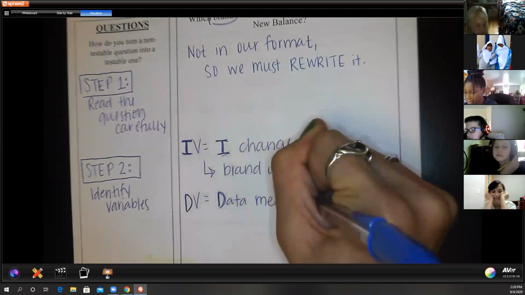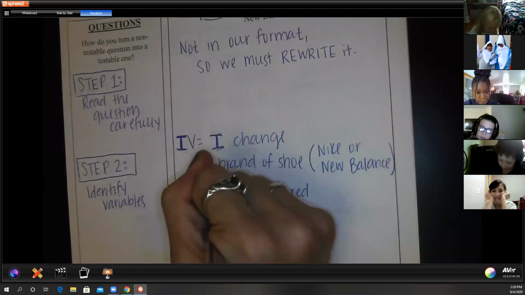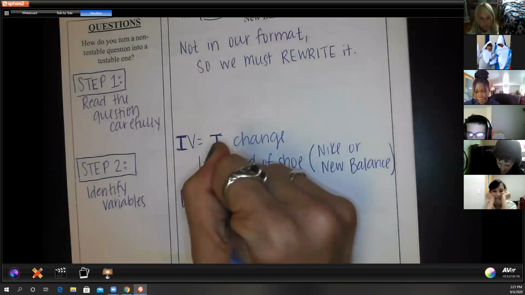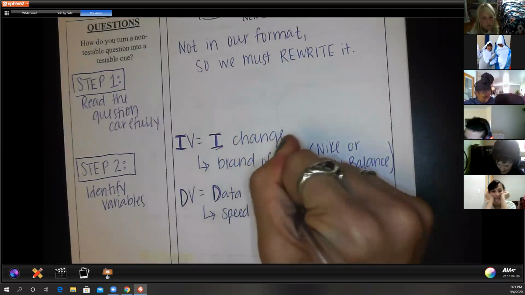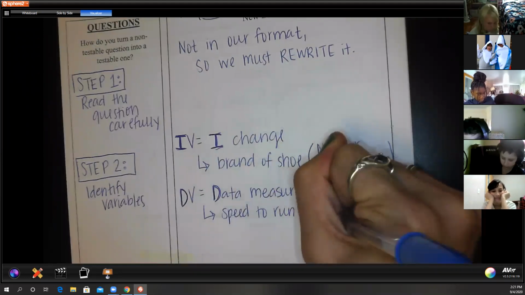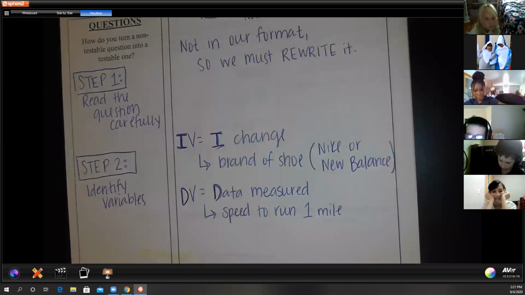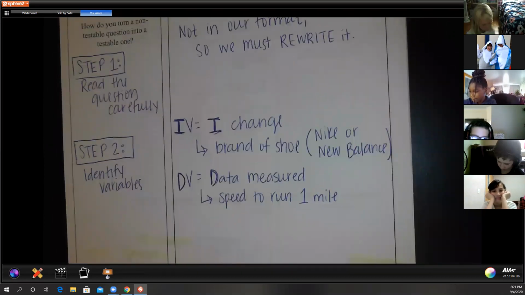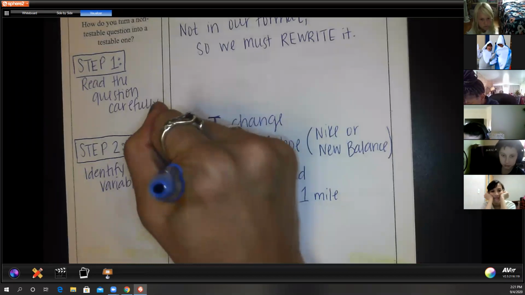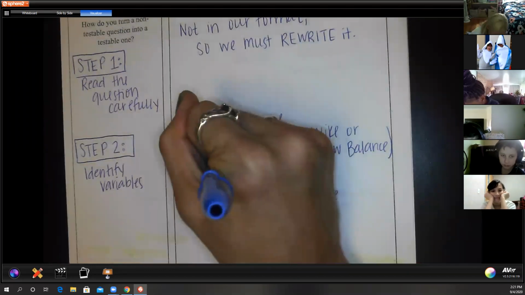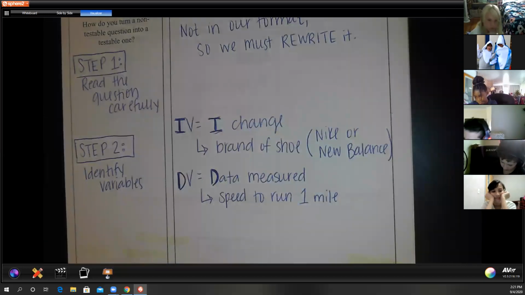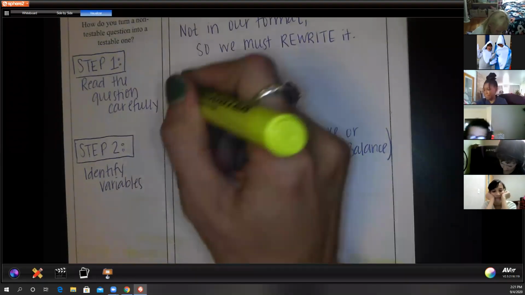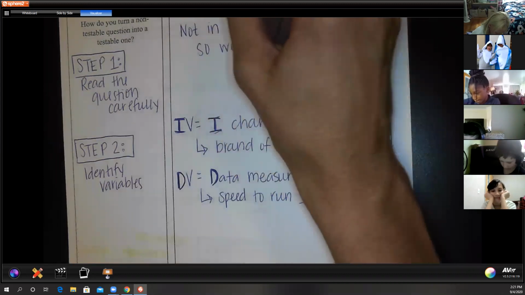And in this case, we want to be specific, not only is it the speed, but I'm going to say the speed for 1 mile, or speed to run 1 mile. Because we got to be specific, right? I could say I'm going to run one distance in one shoe and one distance in the other, but then that wouldn't be consistent or reliable. And again, I'm going to color code it. So which brand of shoe?